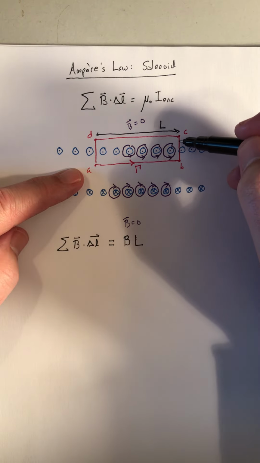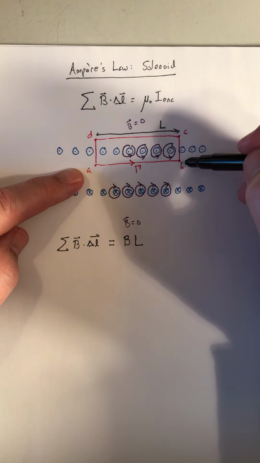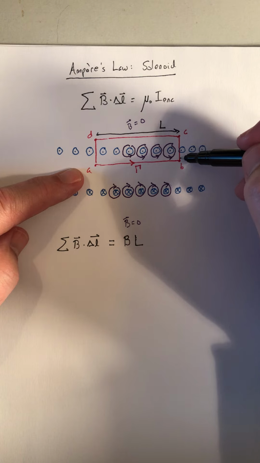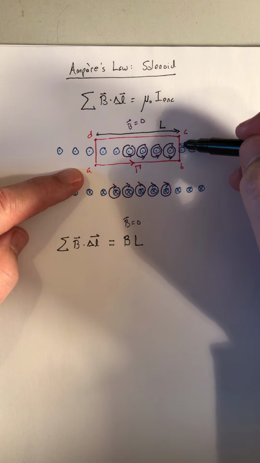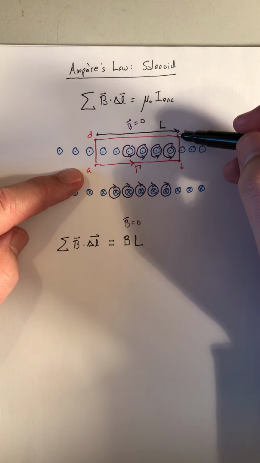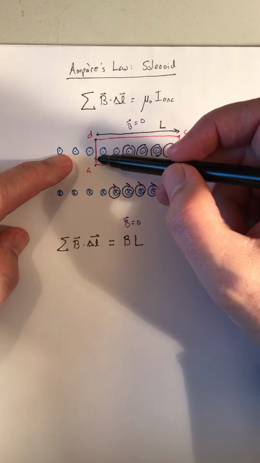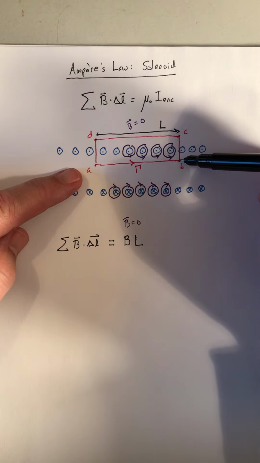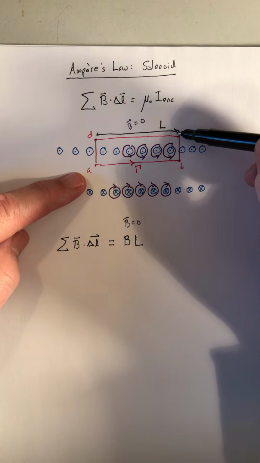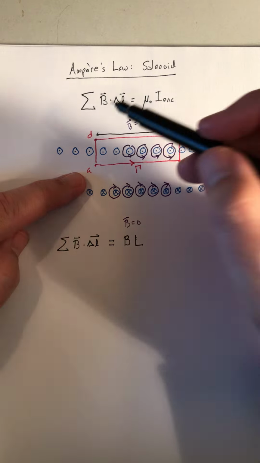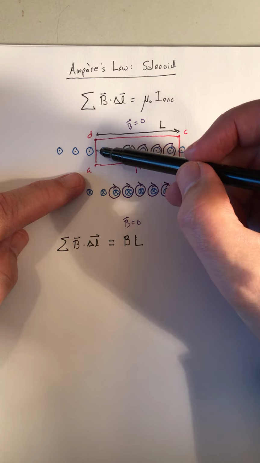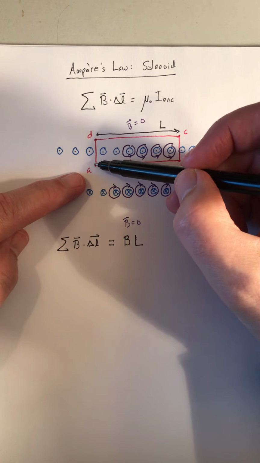Also from B to C, I'm going to in principle have some contribution, but whatever that contribution is going to be undone by the contribution of going from D to A, because from B to C, I'm adding things up as I'm going up, and then from D to A, I'm going to add all the things up as I'm going down.